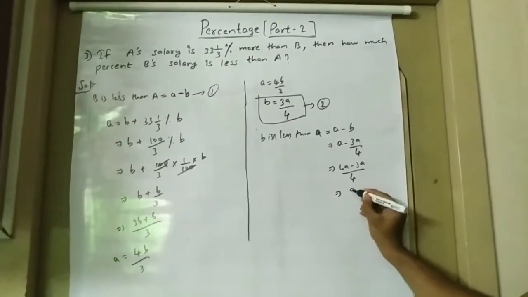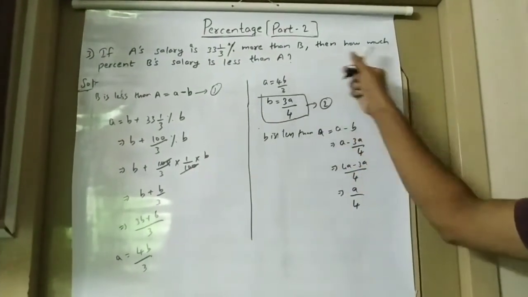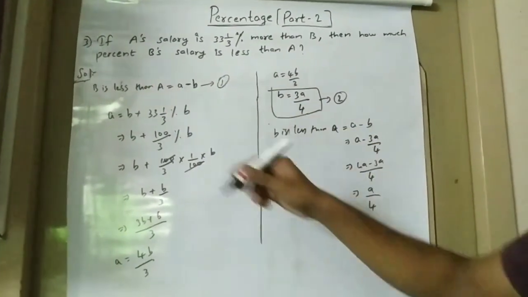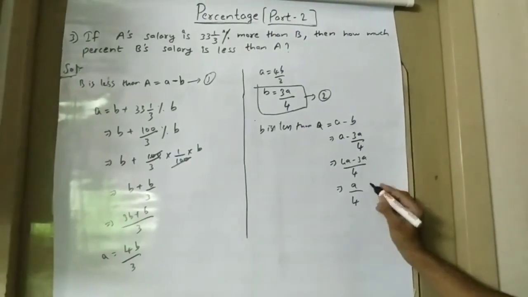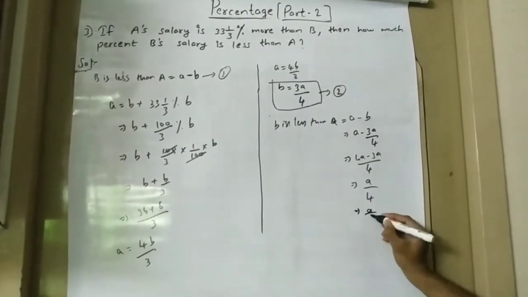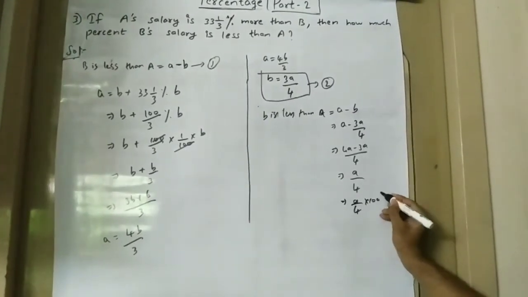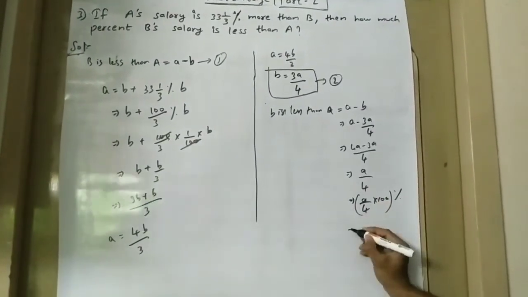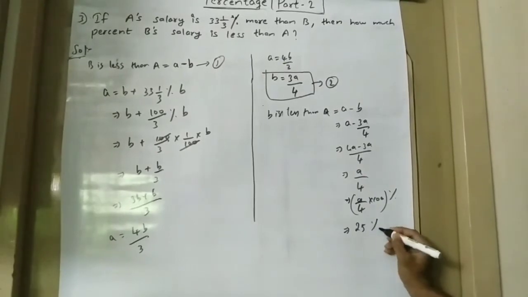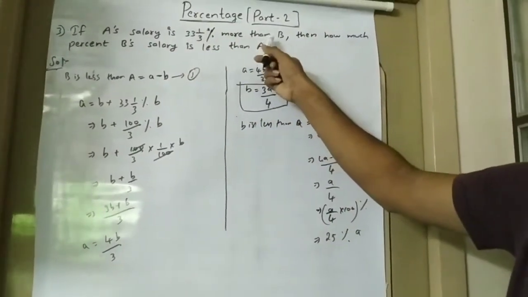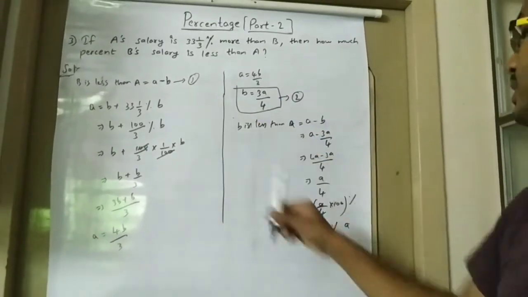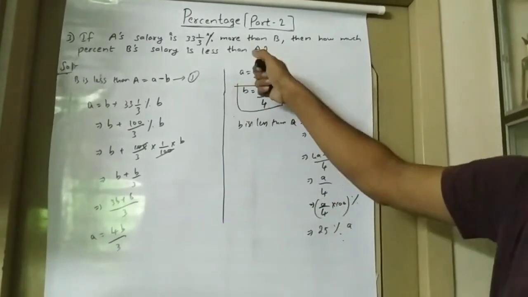So that is A by 4, but they asked for percent, which means to convert a fraction into percent we have to multiply it by 100. That is equal to A by 4 into 100%, that is 25% of A. So if A's salary is 1/3% more than B, then B's salary is 25% less than A.